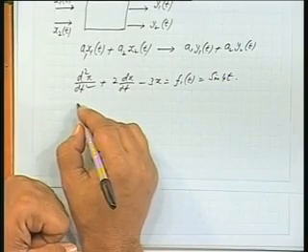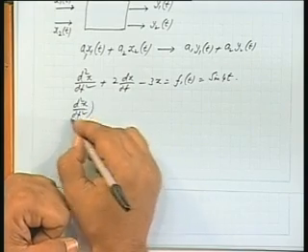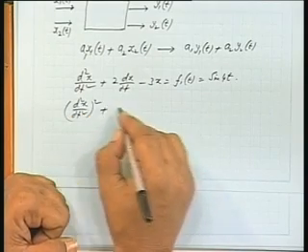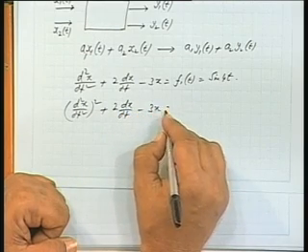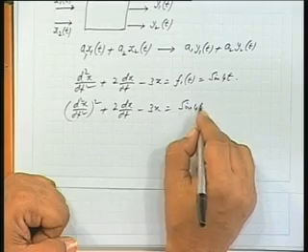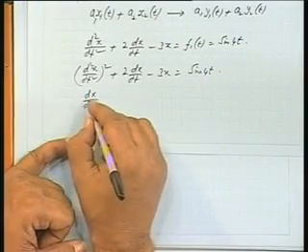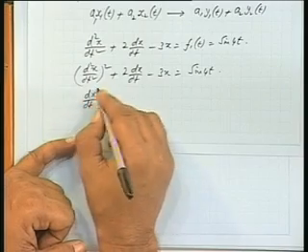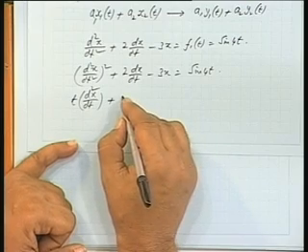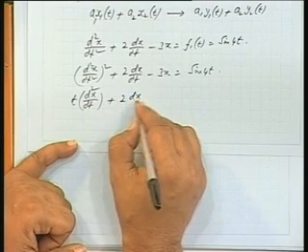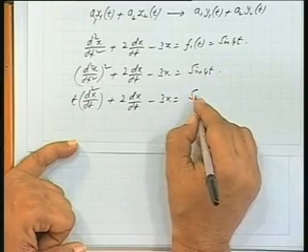Another equation: (d squared x by dt squared) whole squared plus 2 dx by dt minus 3x equals sin 4t. The third equation: d squared x by dt squared plus 2 dx by dt minus 3x equals sin 4t.